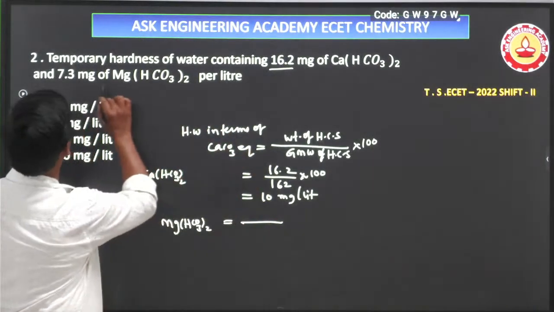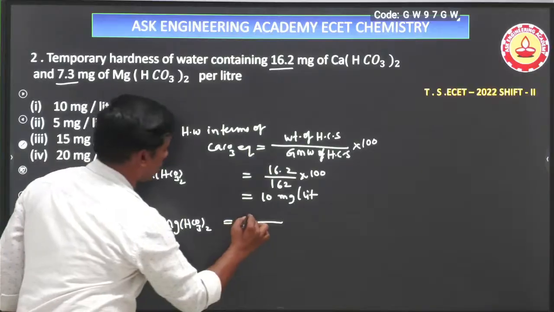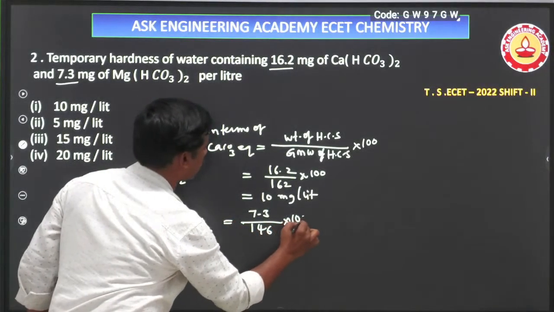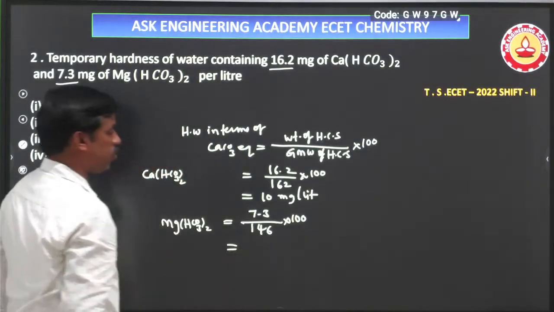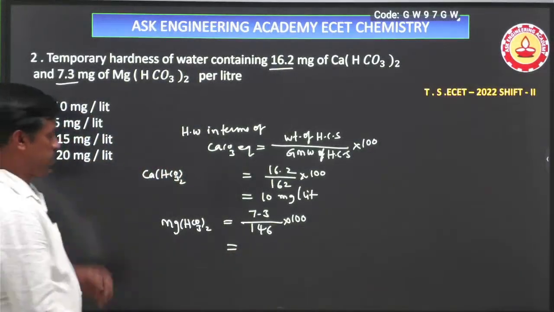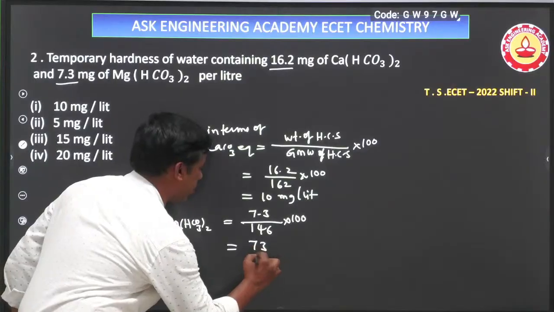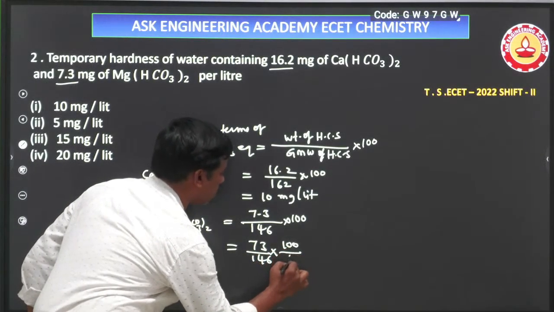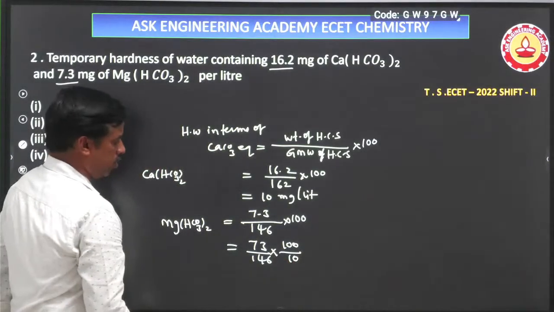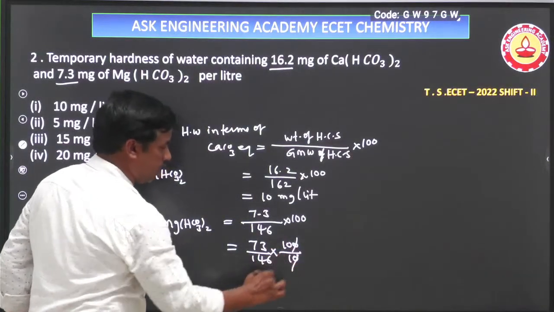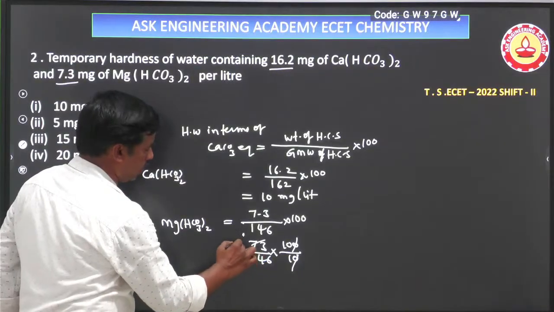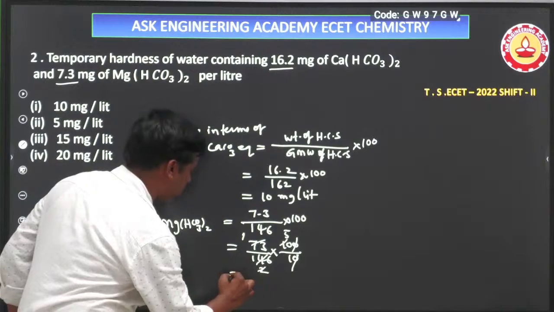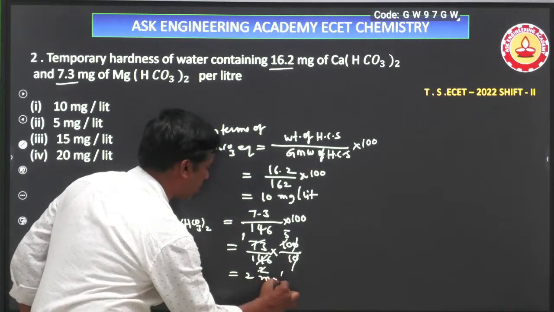They are given what more? 7.3 is given weight. 7.3 divided by 146 into 100. What is to come here? This one I am writing like this: 73 divided by 146 into 100 by 10. Here 10 cancel, and 73 1 ja 73, 2 1 ja 2, 5 ja. Total to come here 5 milligram per liter.